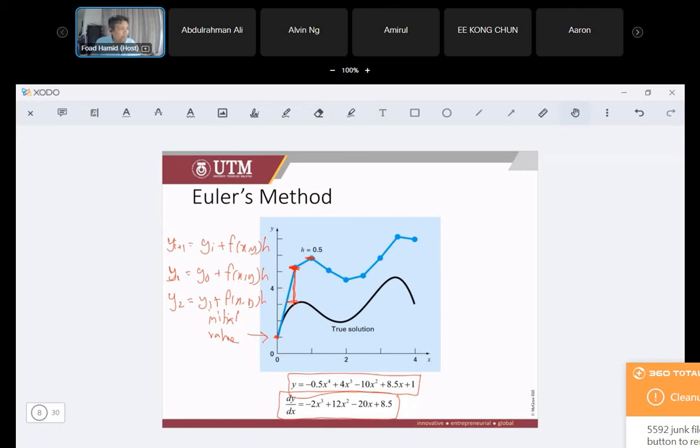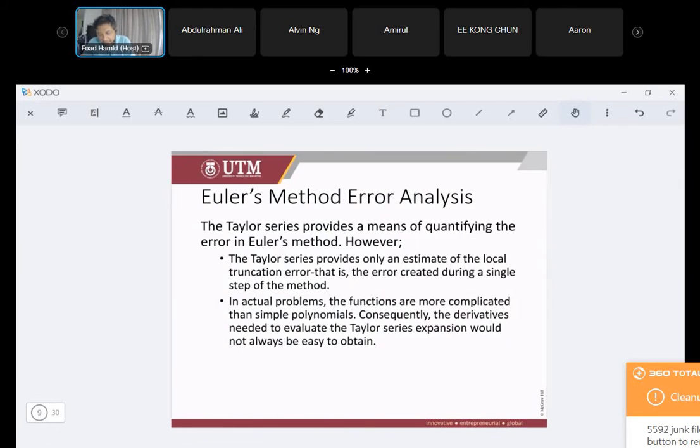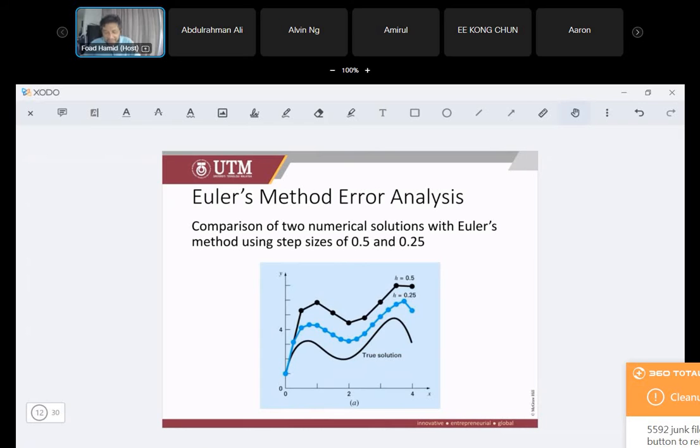So what if we reduce h? Let's jump to a few more slides here. What if we change our h from 0.5 to 0.25? See that the error has been reduced. But take a look at this.